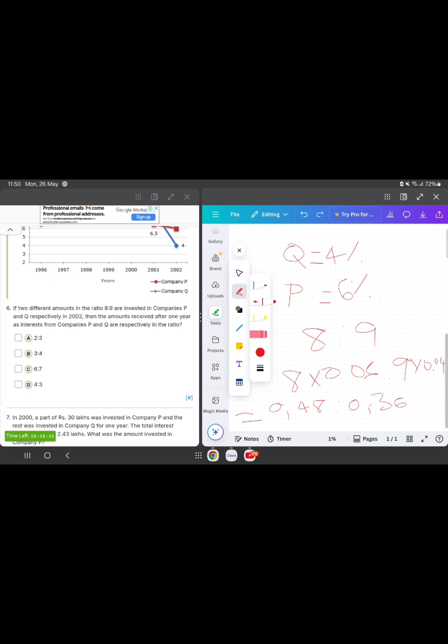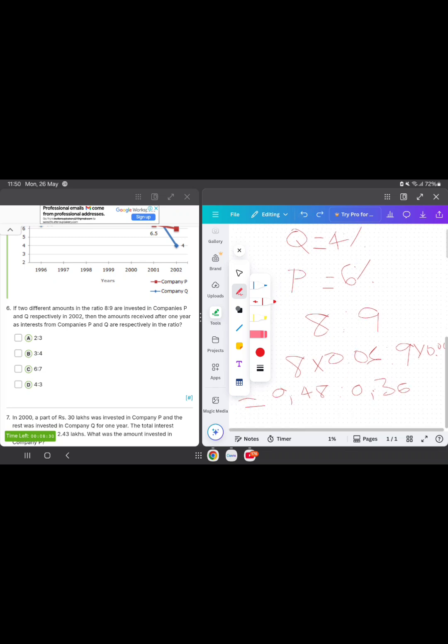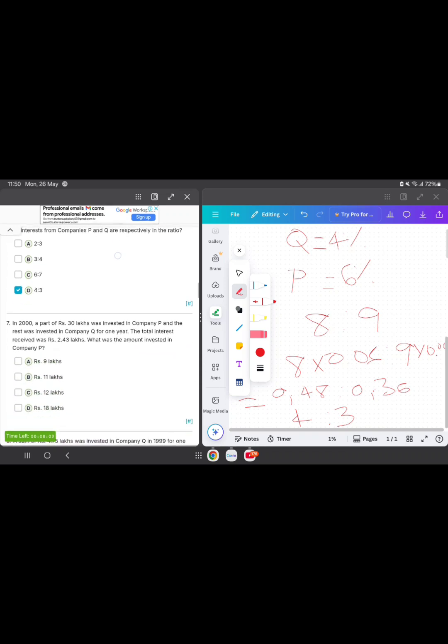Excuse me, sorry about that. So we'll divide by 0.12 on both sides. On this side, 0.48 divided by 0.12 gives us 4, and then 0.36 divided by 0.12 gives us 3. So our answer will be 4 to 3.